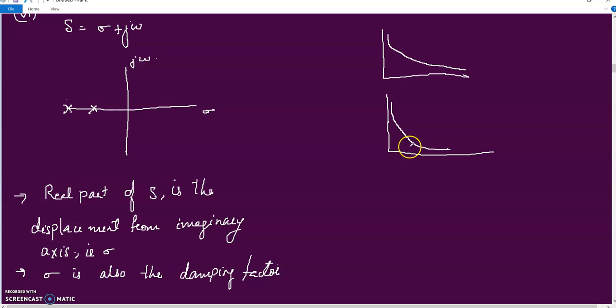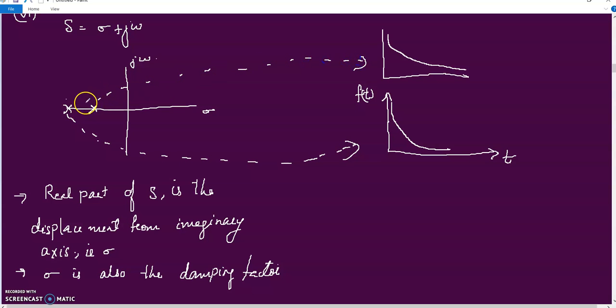So this response is much faster. This function decays much faster with respect to time. This will be given by this pole, and this indicates the decay of this pole. That is, as the distance of the pole from the imaginary axis increases, the response decays much faster with respect to time.